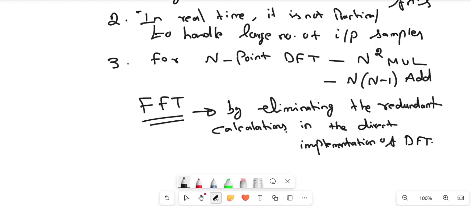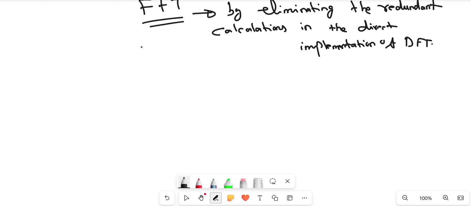The FFT is based on the decimation process. Decimation means dividing.